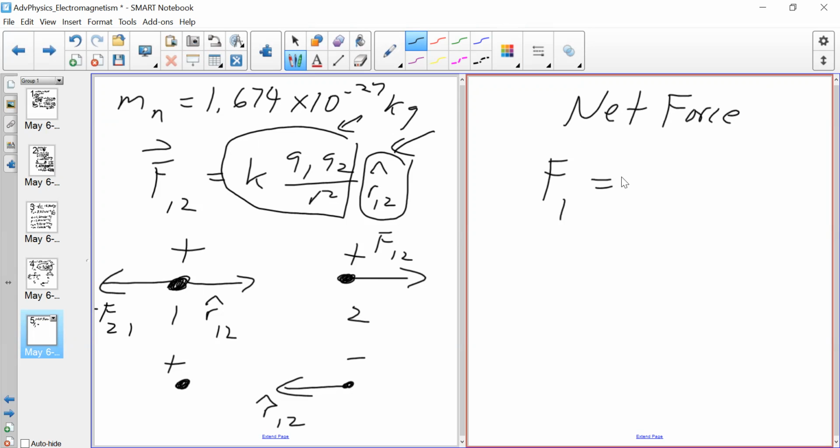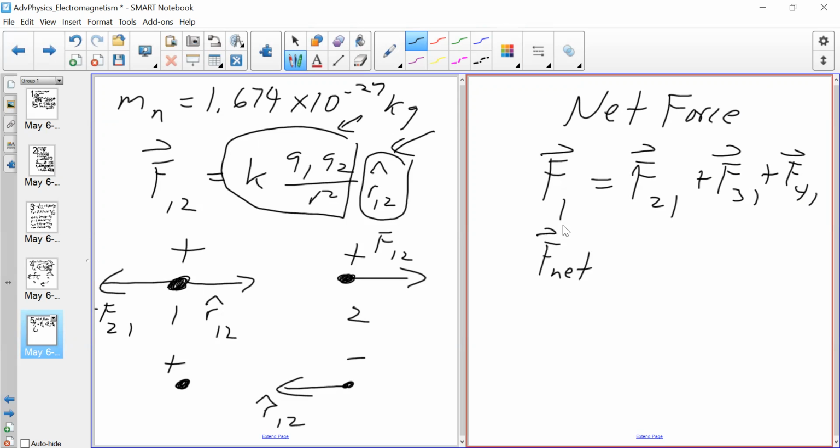Then it's just the sum of the force of the second charge on 1, the third charge on 1, and the fourth charge on 1. We add all those up as vectors and get a net force. It's the same thing we've been familiar with: net force is the sum of all the parts. I'm not worried about it being 0 or ma right now; we're just saying the total or net force is the sum of all the individual forces.